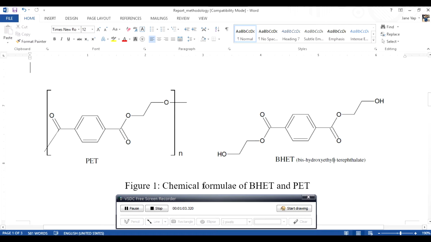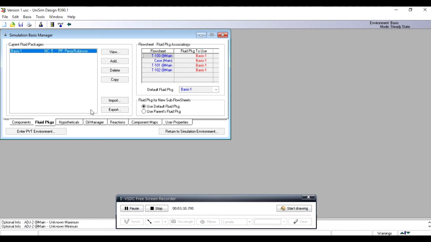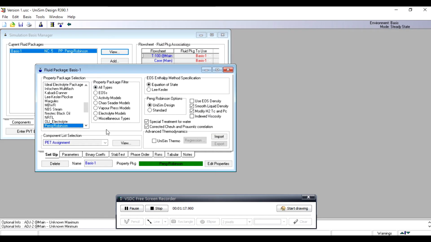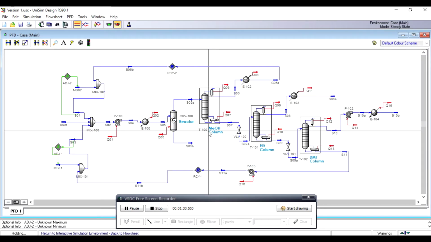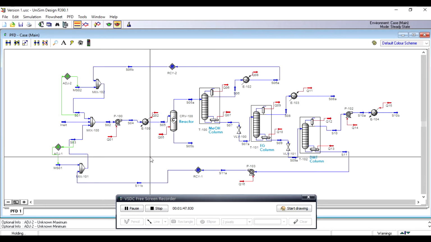BHET has a very similar chemical composition and structure to PET, as shown in the figure here, which makes it justifiable for replacing PET. In our case, the Peng-Robinson fluid package was used to perform thermodynamic calculations on UniSim. The physical properties of each component were based on the process data bank in UniSim.